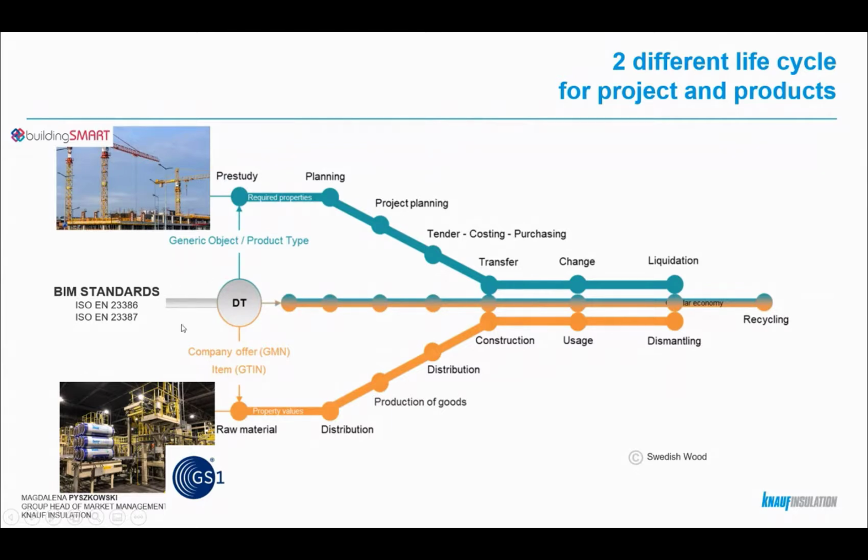And this connection is possible to be done via something that we call a data template for the exchange of the properties of the product, which includes the identification of the product via GTIN, which is the most common identification number from GS1.